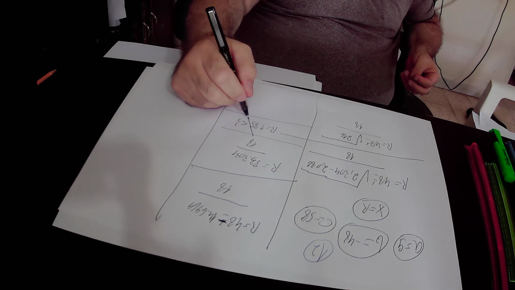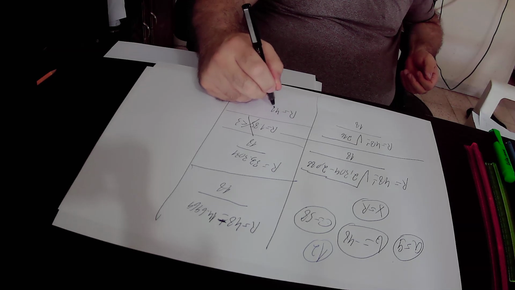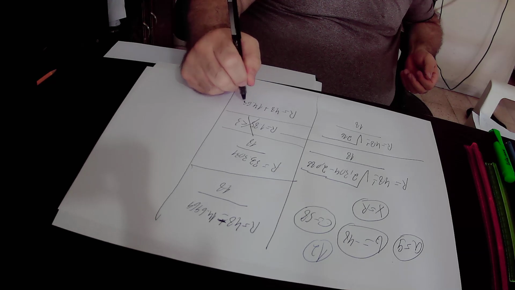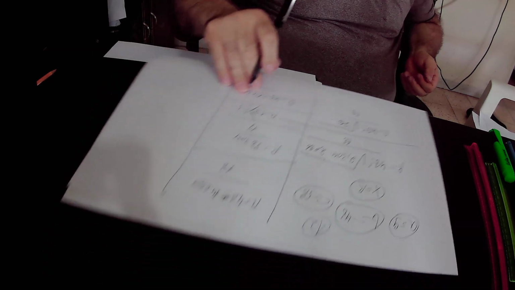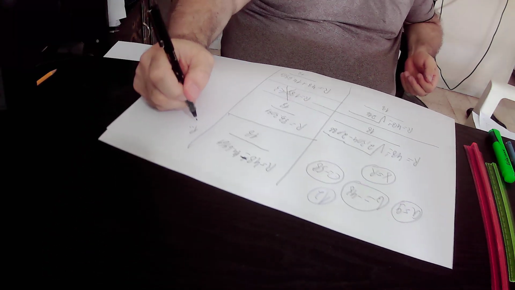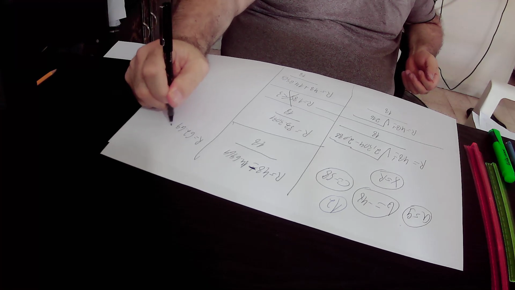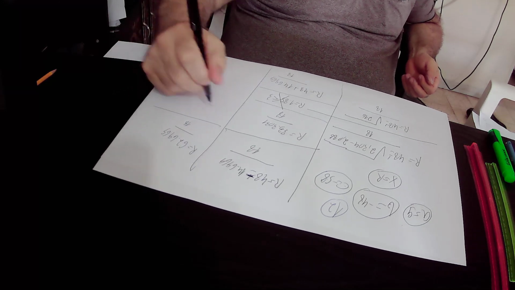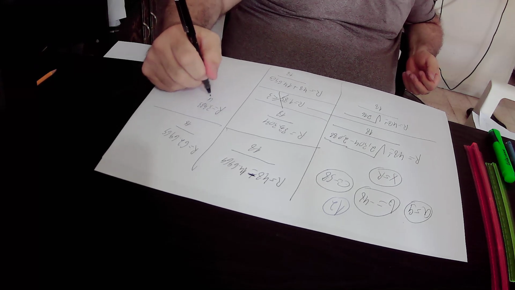Therefore, we cancel this possibility and we're left only with the second possibility, that R equals 48 plus 14.6969 over 18. So here R equals 62.6969 over 18, which is 3.483 units.